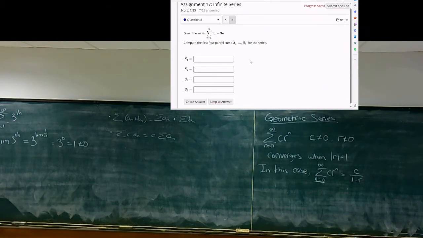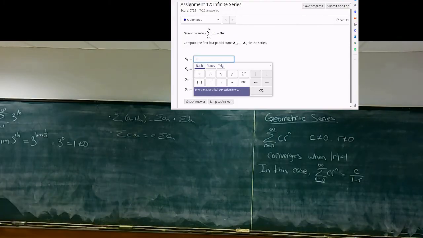Compute the first 4 partial sums. So remember what a partial sum is. You go from, in this case, 1 to big N. That's the nth partial sum. First partial sum, you just go 1 to 1. What's 11 minus 3? 8.